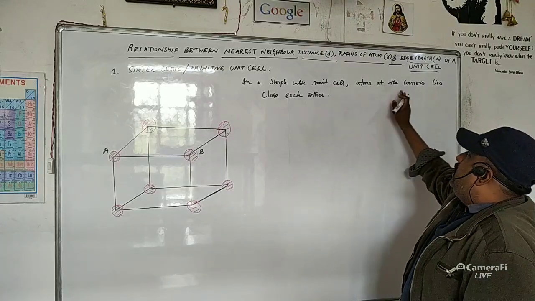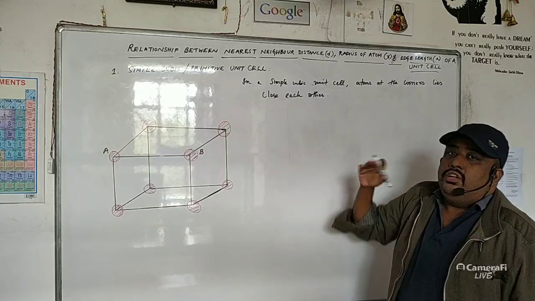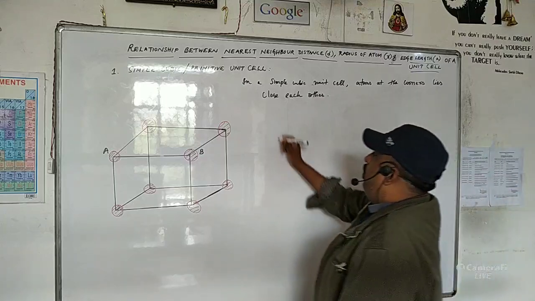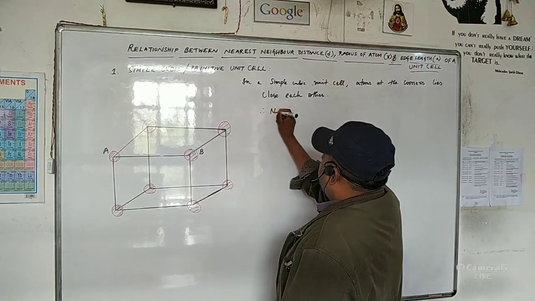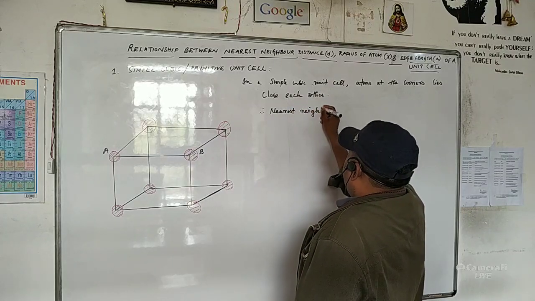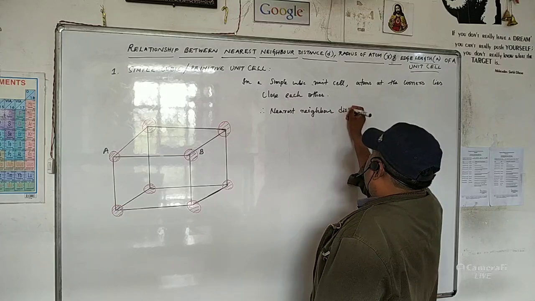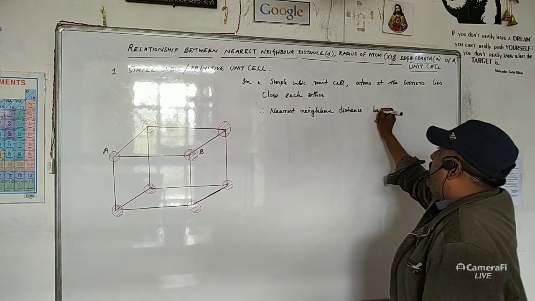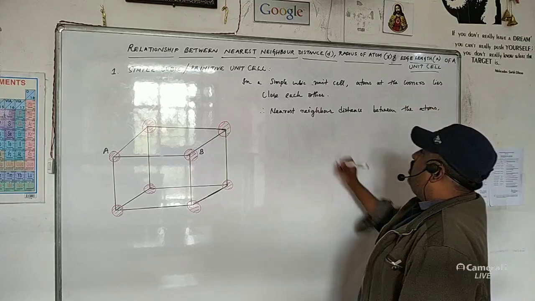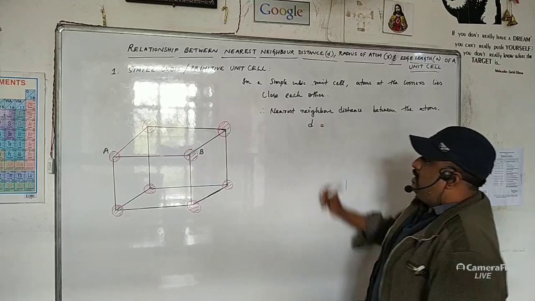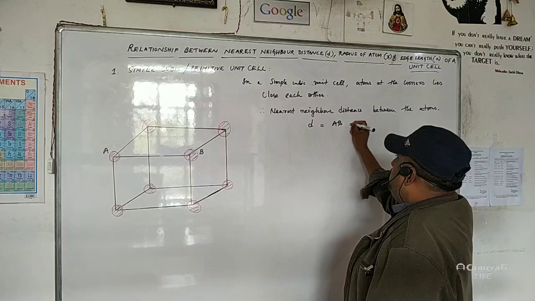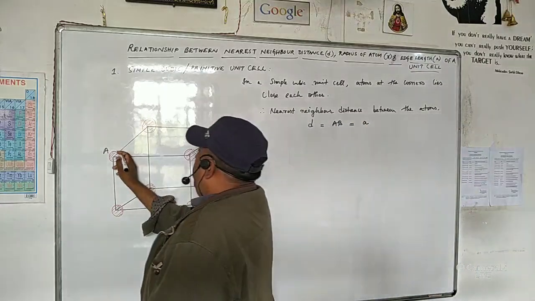In a simple cubic unit cell, the atoms at the corners lie close to each other, or we can say they touch each other. Therefore the nearest neighbor distance between the atoms, we can just assume it as d, and d will be nothing but AB, and AB is nothing but a.